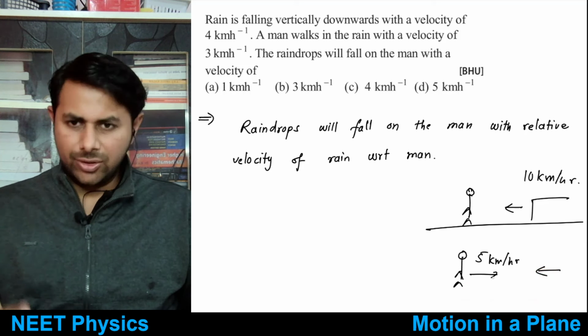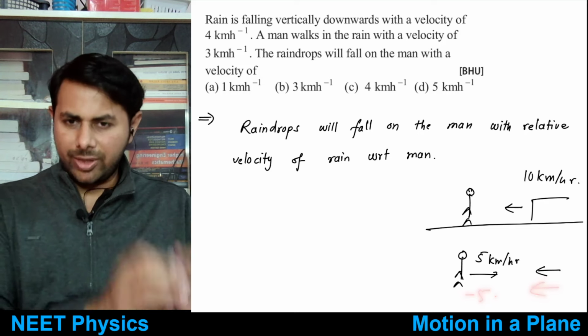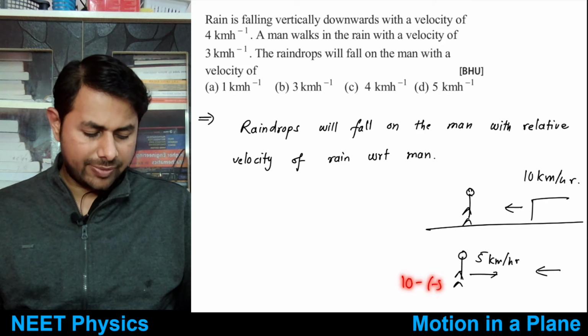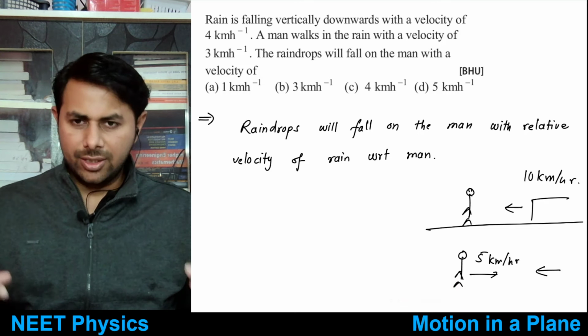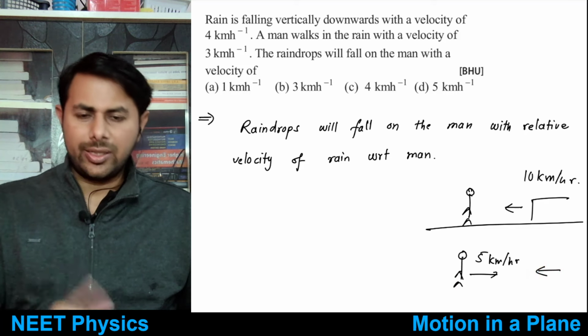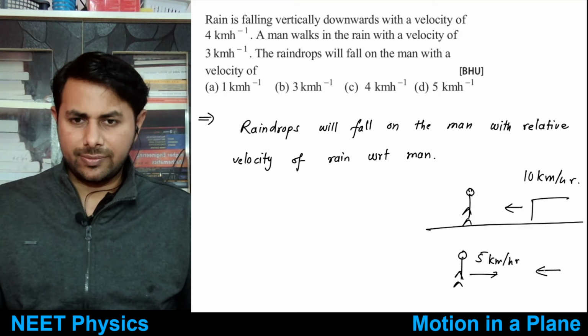So actually you need to take minus 5 here, because this velocity, if you take it positive, then this one would be negative, right? It is 10 minus minus 5, that's the relative velocity. So it is 15. Okay, so if you are also moving, then bus seems to be moving faster, right?